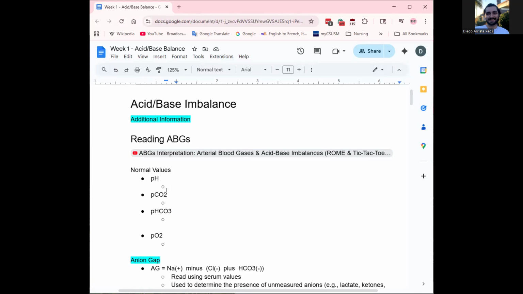Yeah, 7.35 to 7.45, exactly. And the lower you go, the more acidic.